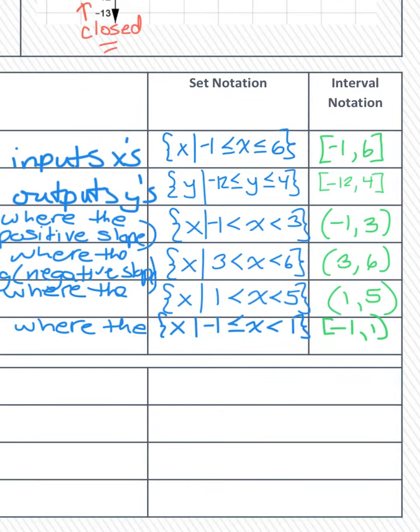So the second interval is the set of all values of x such that x is less than or equal to 6 and greater than 5. In interval notation, we have a minimum of 5 and a maximum of 6. We can be equal to 6, so we use a bracket, and the 5 is open.